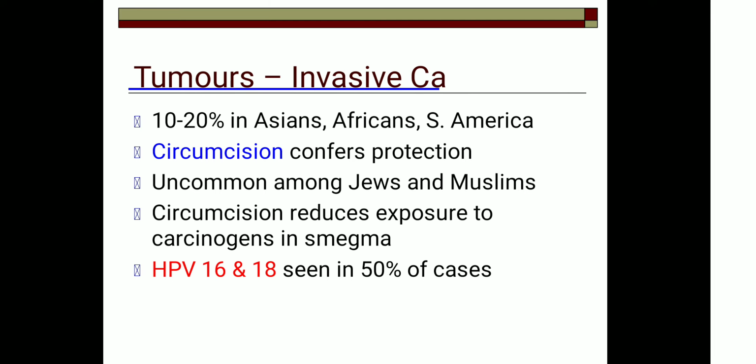It is uncommon among Jews and Muslims because circumcision reduces exposure to the carcinogens in smegma. And HPV 16 and 18 is seen in almost 50% of these cases.